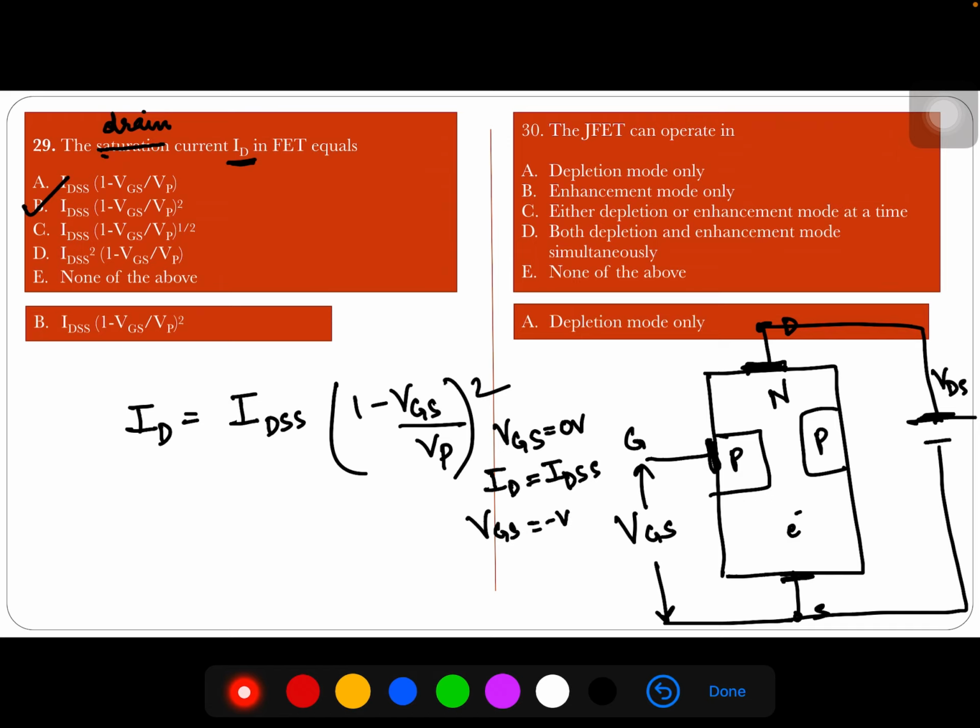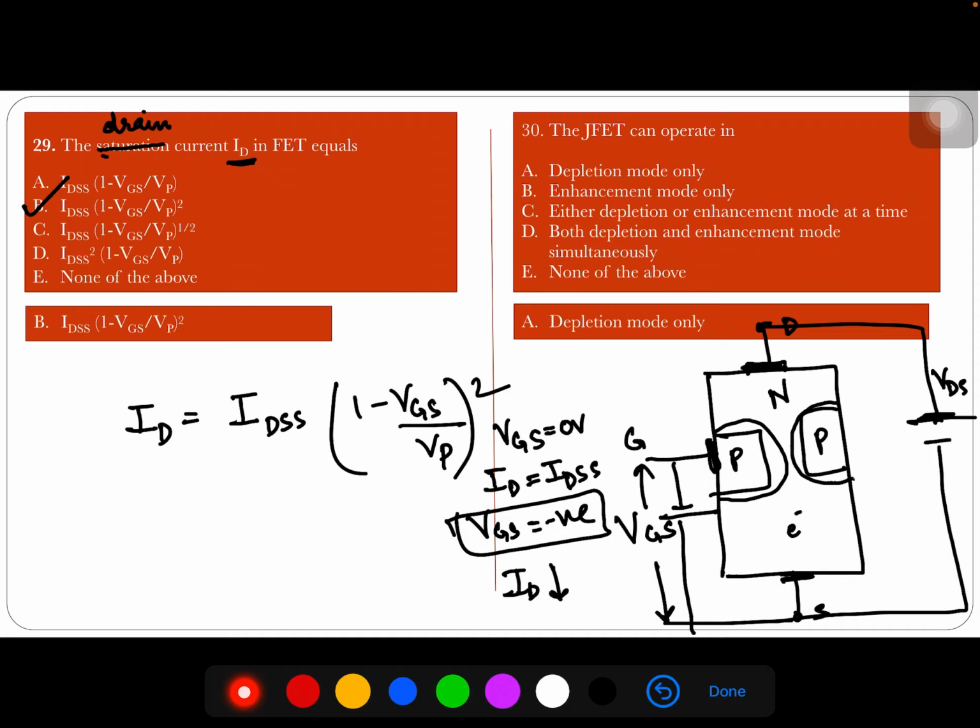Now, if you make VGS negative, because VGS has to be always reverse biased, you will connect the battery in this manner. That means VGS is negative. When VGS is negative, the reverse bias will increase and the depletion layers will also increase, which will decrease the channel. When the space for the current, that is the channel, decreases, the current will decrease. Further, the current will go on decreasing.